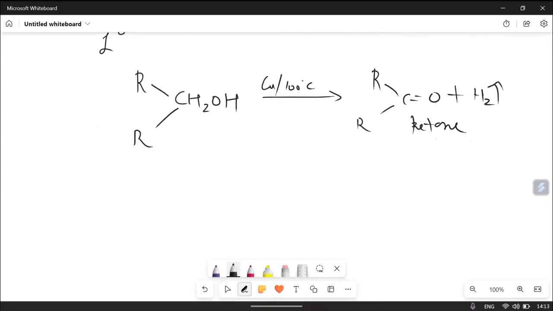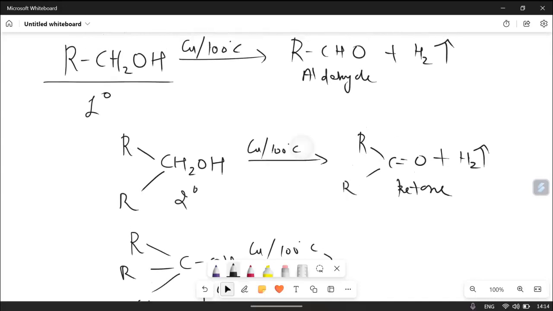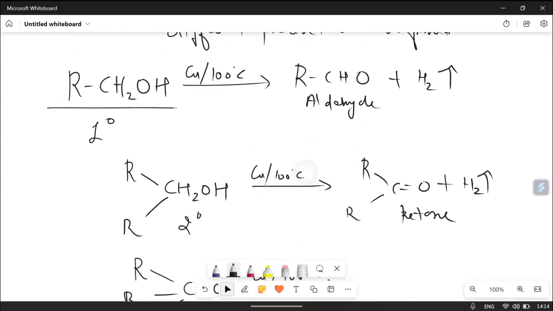And when there is 3 degree, suppose RCOH R, tertiary, then tertiary is treated with Cu. The temperature must be raised during the reaction. The temperature will be 300 basically, not 100 I think.